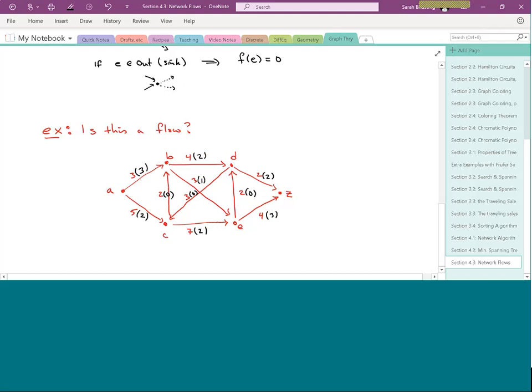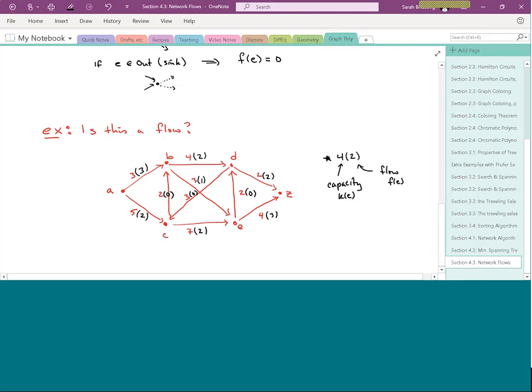So when looking at this, here's the rubric. The numbers, if you have 4, 2, the 4 is the capacity. The guy inside is the flow number. So this is the F of E. This is the K of E. So that's how to read those numbers.